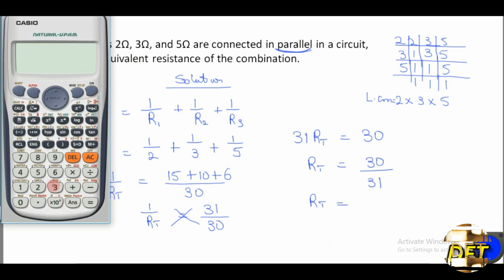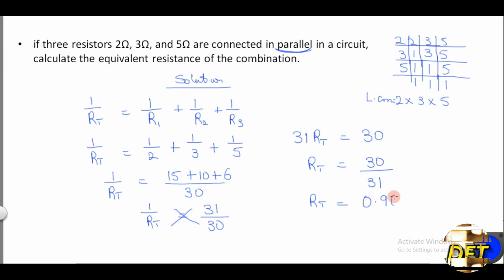If I do that in the calculator, 30 divided by 31, that will be equal to 0.9677, right? That is approximately 0.97 ohms. So this is my answer to this question. So my total resistance is equal to 0.97 ohms. So when they are connected in parallel, this is how you solve.